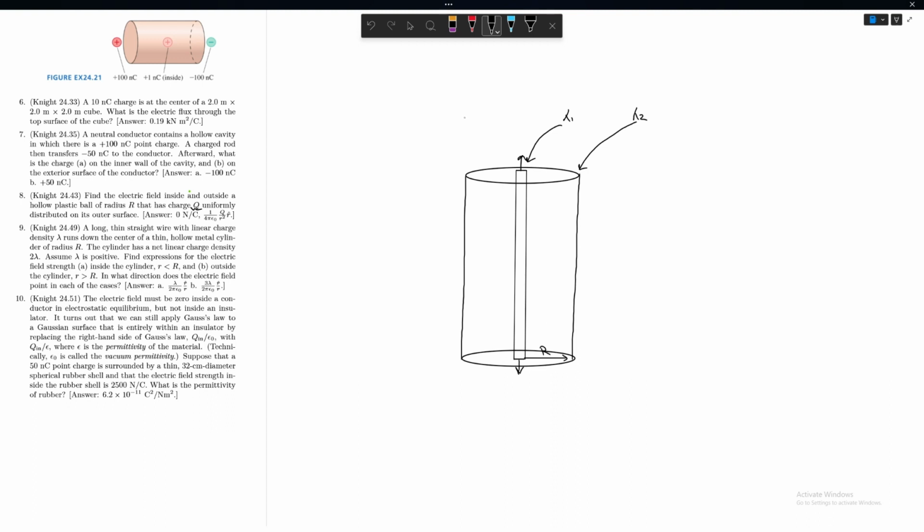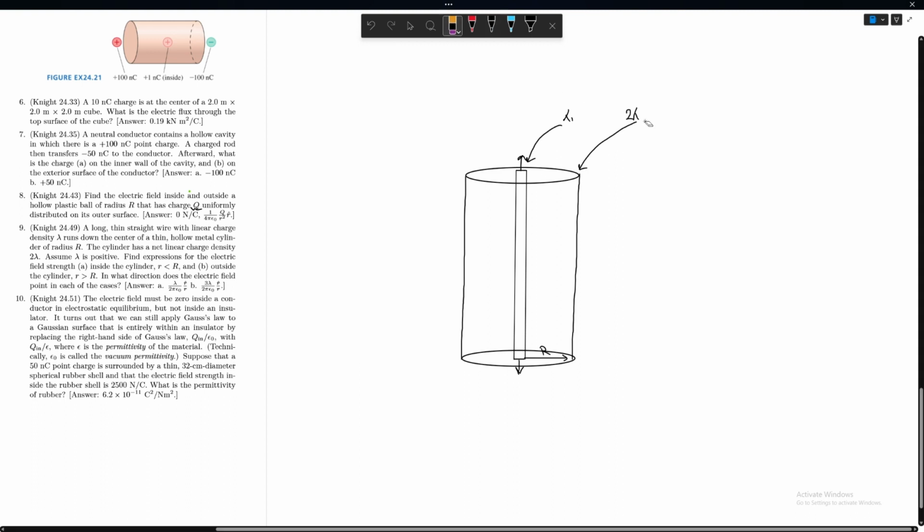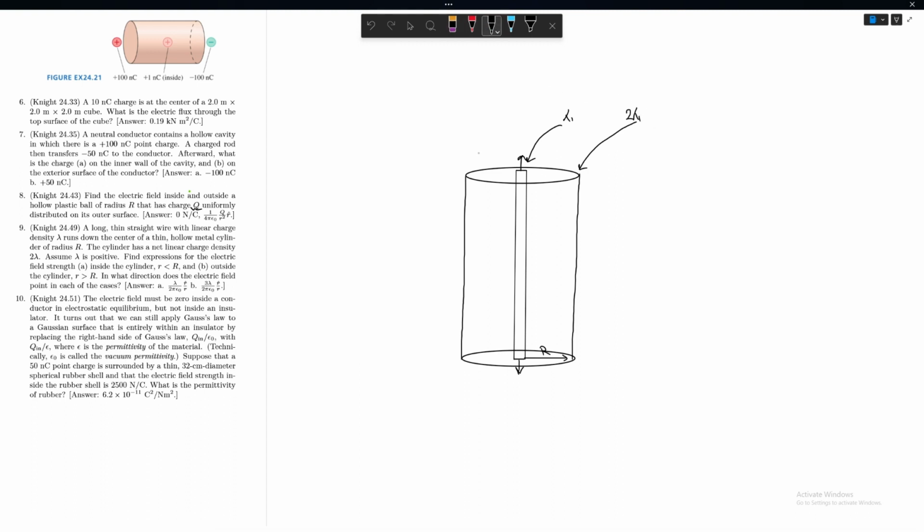And the cylinder has a net linear charge density, so we have the linear charge density of 2 lambda, so 2 lambda 1. Assume lambda is positive. So assuming this has a positive charge, and this also has a positive charge because it's 2 lambda.